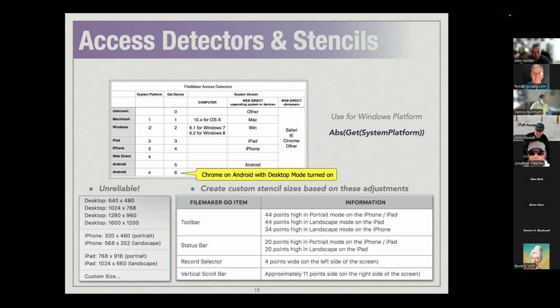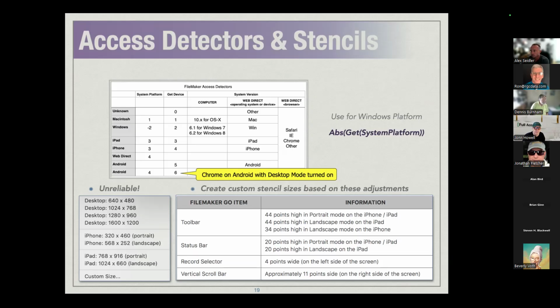The sizes that you get in the stencil list, you can't really rely on them completely. I think of them as a good starting point, but I want to make sure, using a device of my own or a device in my client's office, that I'm actually fitting it to the proper sizes.